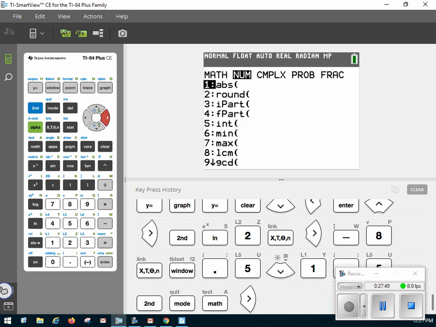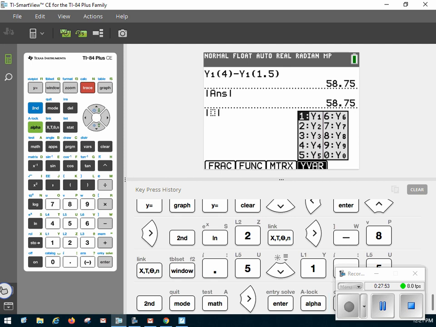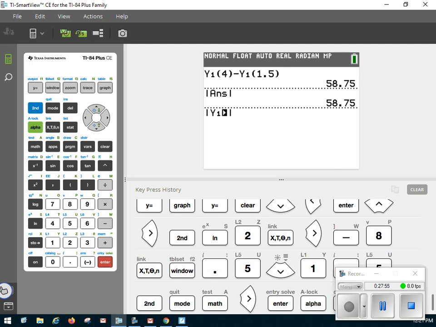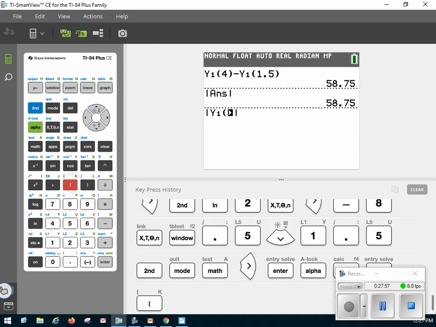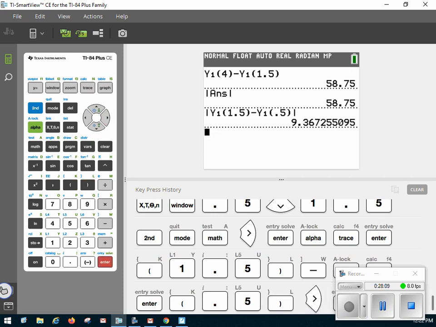Math, absolute value of 1.5 minus 0.5. Yep.